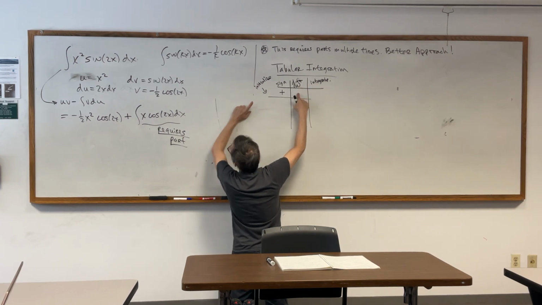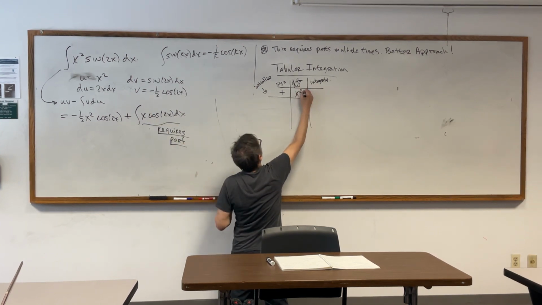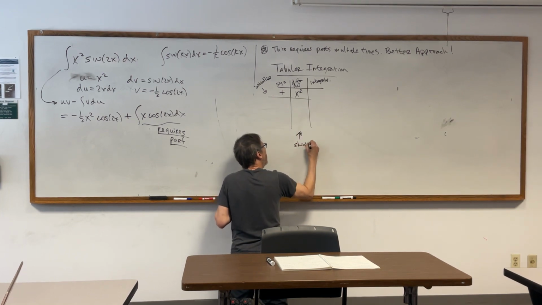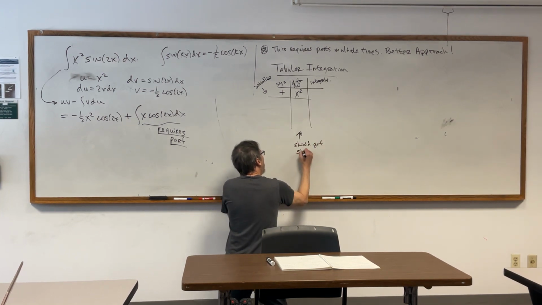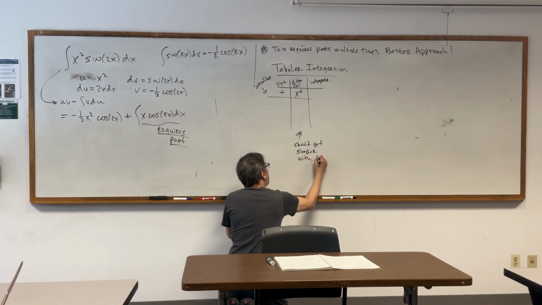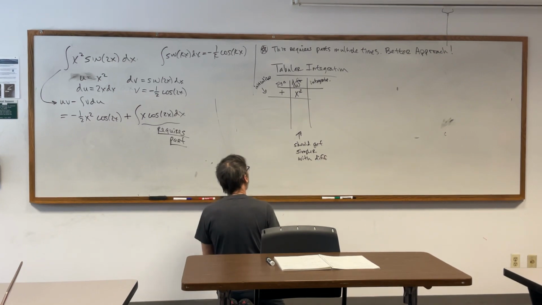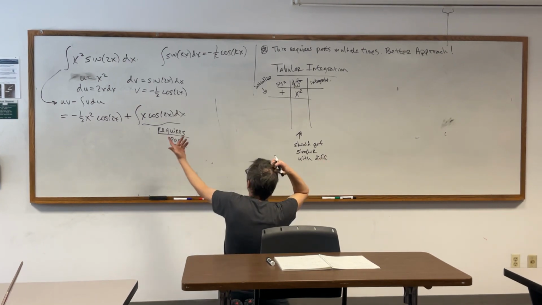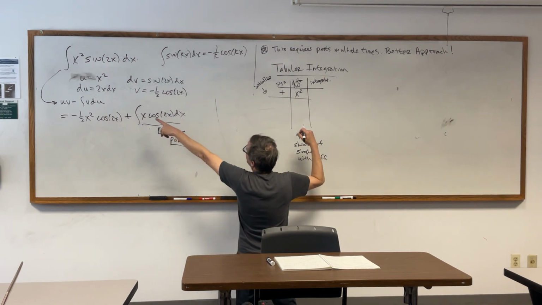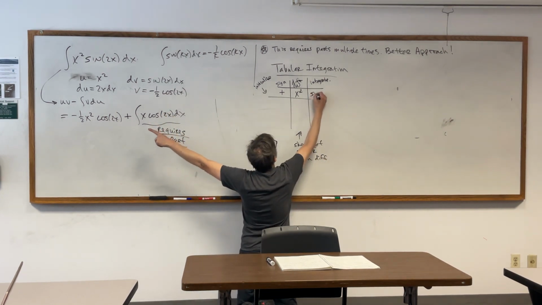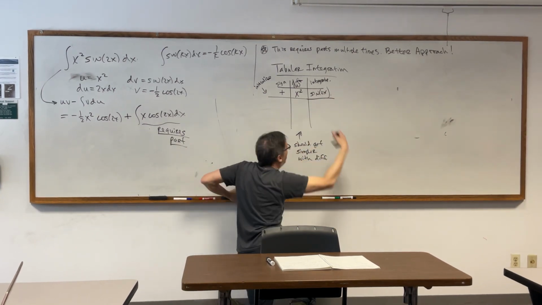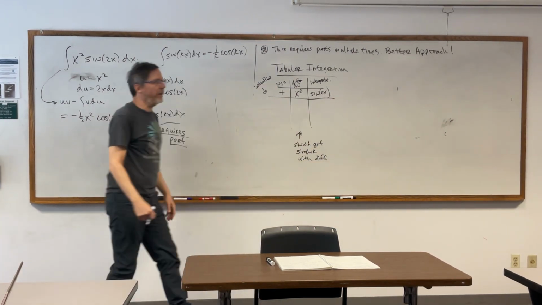This is where the u would go. It's the thing that gets simpler. So this column should get simpler with repeated differentiation. And then the integrate column, everything else, you don't even need to tack the dx on. So that's going to be sine of 2x, dx if we were doing this with our traditional notation.